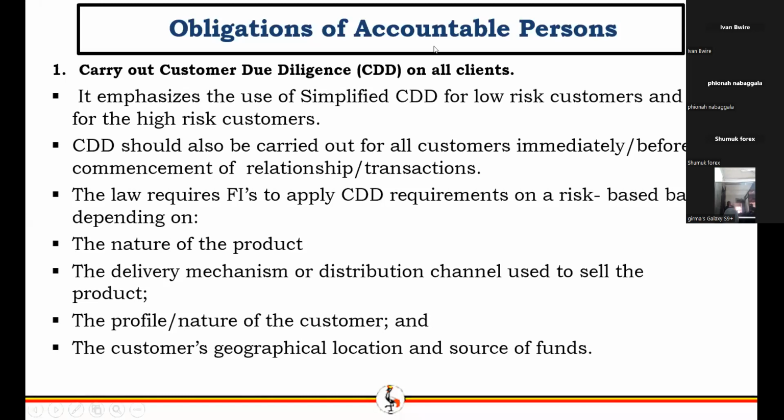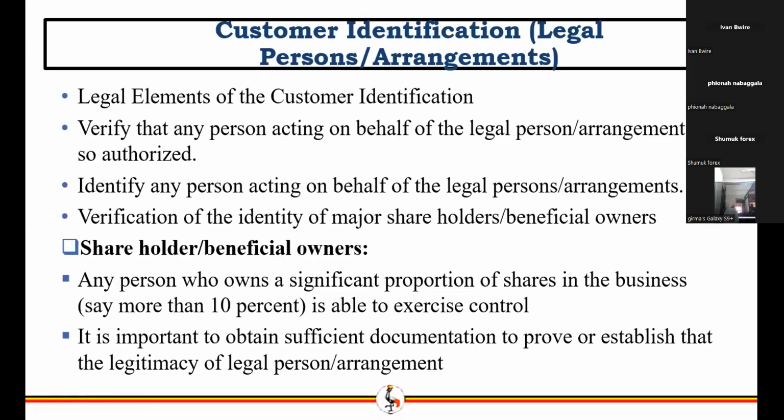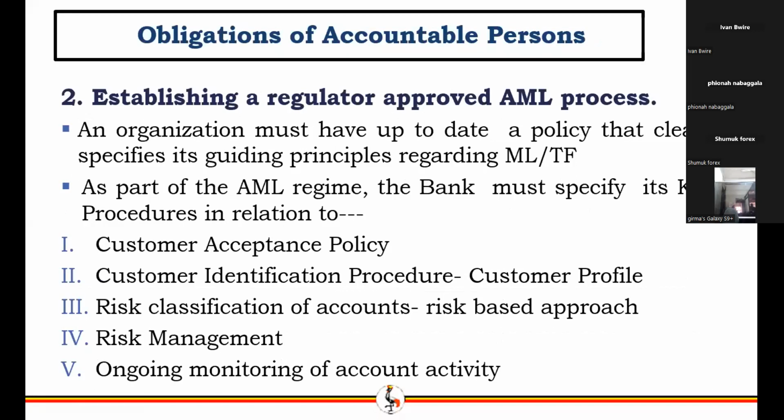There's a list of accountable persons that have registered on goAML. goAML is the one, that's why we're having this session. It's what we'll be using to check our register of accountable persons. So after this training, you have 2 months, November and December, to ensure that you're registered on goAML so that you appear on that list.